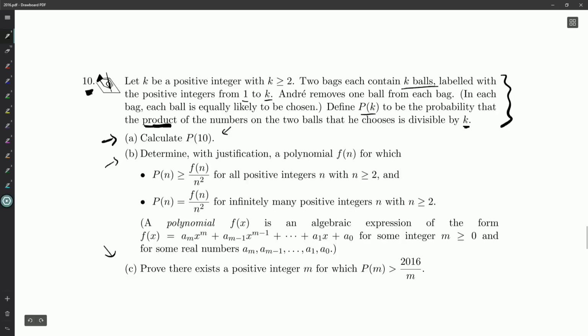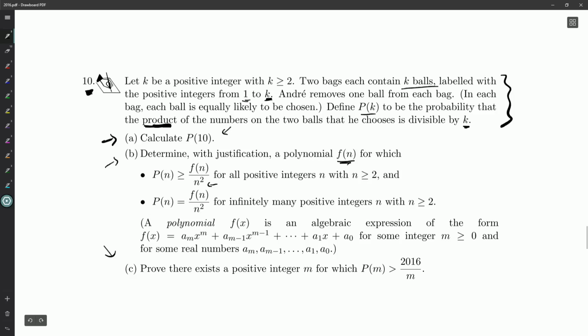B, determine with justification a polynomial f of n for which P of n is always greater than or equal to f of n over n squared. Now the n squared here is because, I don't know why they switched it from k to n, but whatever. You're always going to have k times k many pairs of balls to be picked.